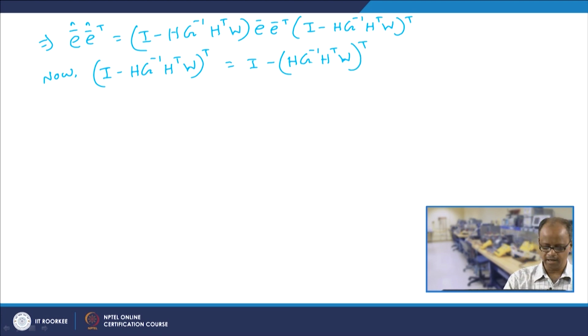Let us say this is A and this is B, so it is A B transpose, which is B transpose A transpose. So, then therefore, I minus H transpose W T into H G inverse.